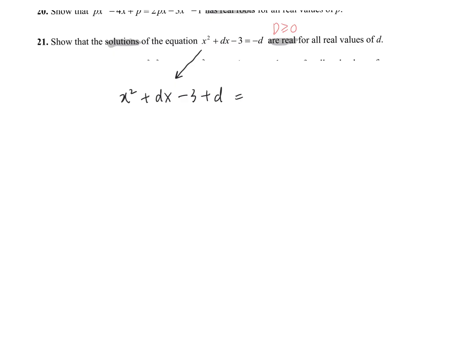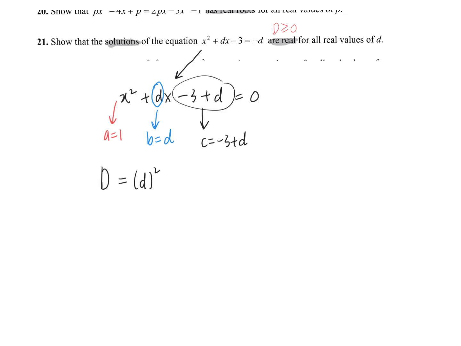No matter how they mess it up, just rearrange them until one side is equal to 0. So when you look carefully at it, your A is 1, your B is D, and then your C is this entire chunk here. Okay, so once you are set on your ABC, now you want to show your solutions are real, bring out your discriminant. So B square minus 4AC.